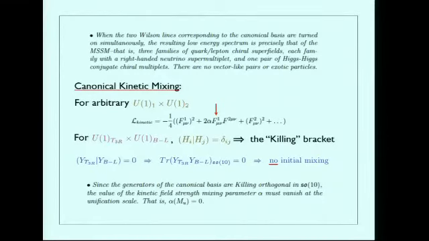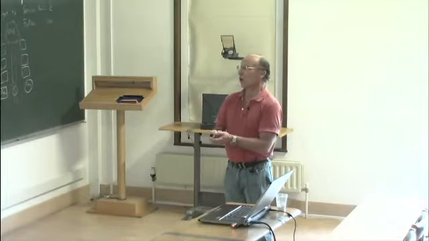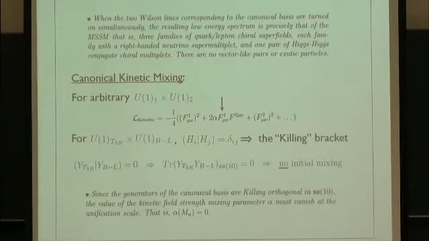So what about operator mixing, kinetic mixing? Well, for arbitrary U1, U2, the problem is that you can get this F1, F2 mixing. If I take U1 to be T3 right and B minus L, the things I showed a moment ago, and just use the standard normalization, then the Killing brackets of these particular new generators, they're orthogonal to each other. So there's no initial mixing at all.